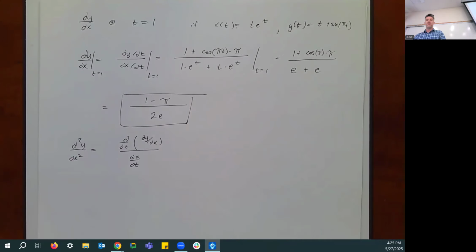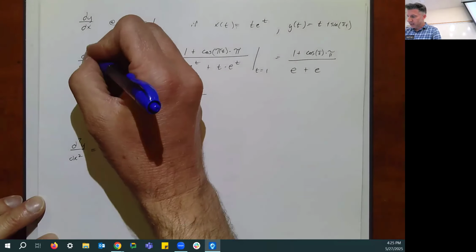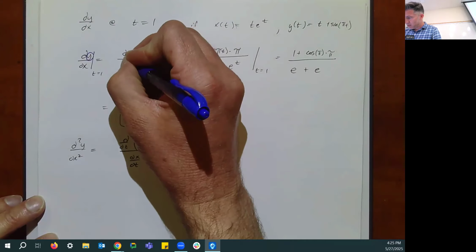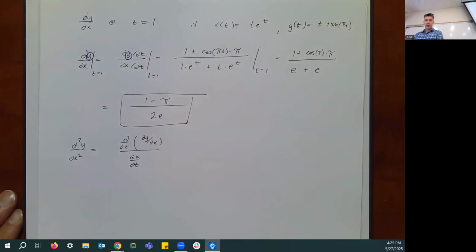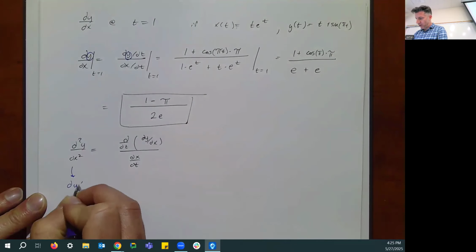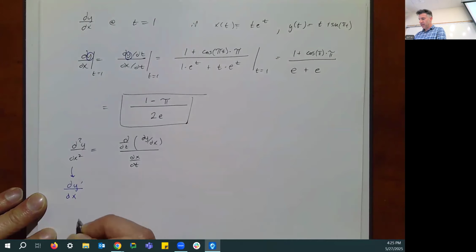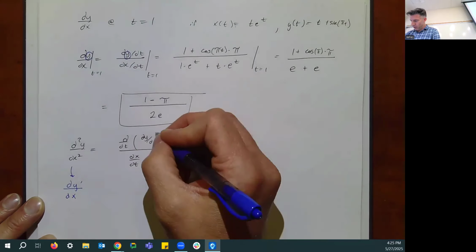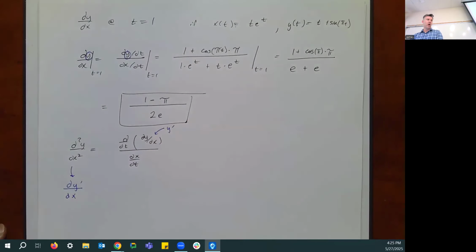The way I think of it, it's the same formula as the first derivative. You're just replacing y with y prime. You're saying d squared y/dx squared, which is really just the derivative of y prime with respect to x, is equal to d/dt of your y prime over dx/dt.